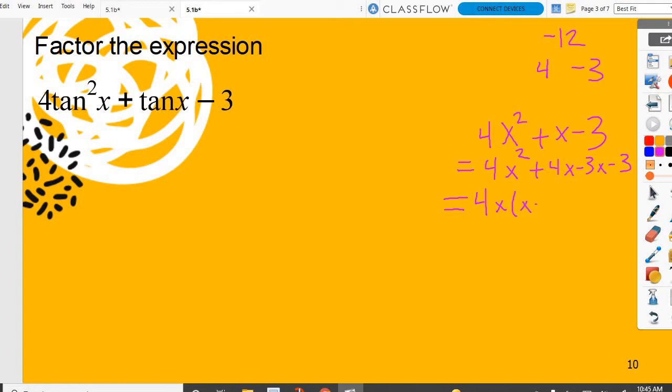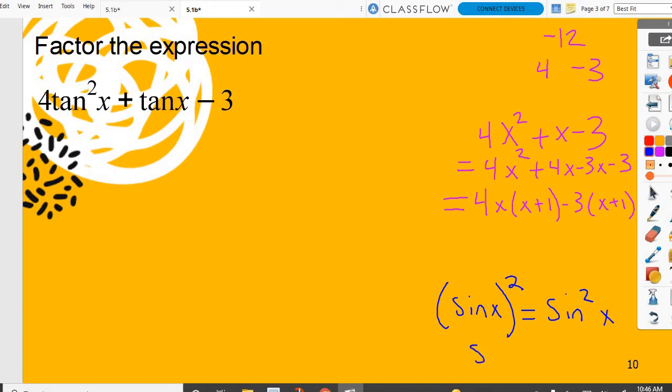Why wouldn't the squared be before the x on the first one? Because it's tangent squared and then x after it. In general, those mean the same thing.